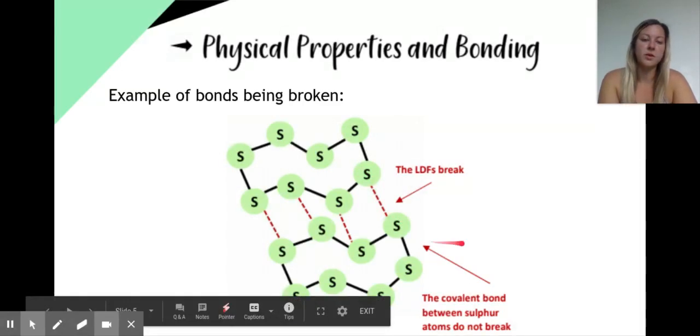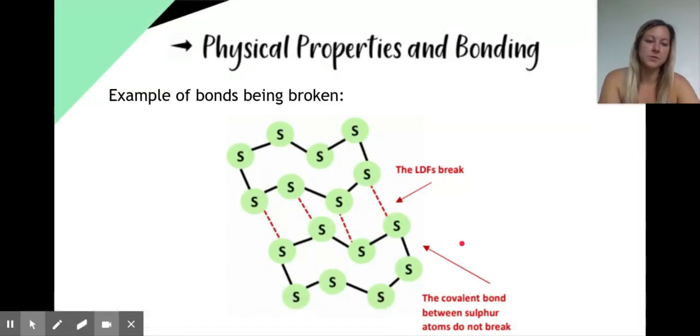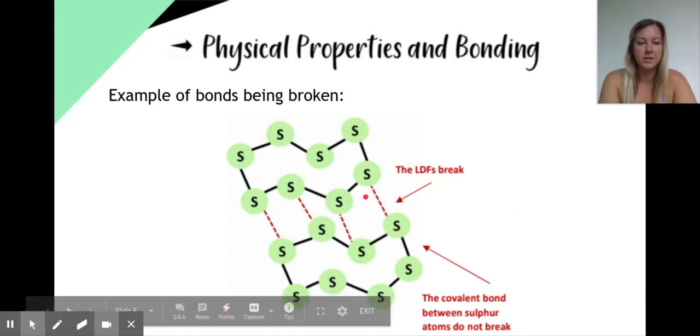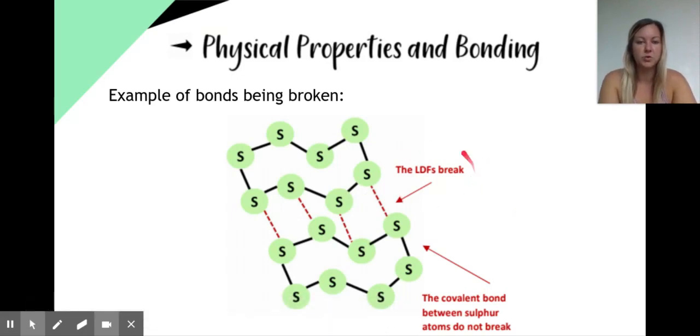The covalent bond between all of the sulfur atoms is an intramolecular bond. It's inside the molecule, so it does not break. Only the LDFs between the molecules are being broken. That's very, very important. We need to remember that.